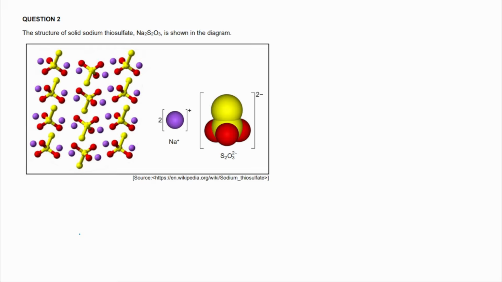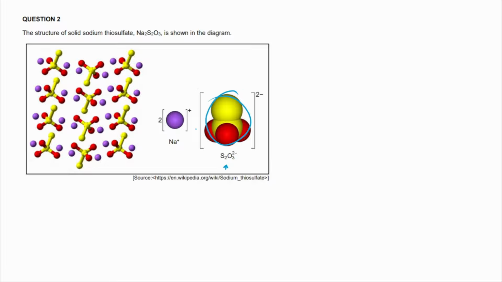Here in question 2, they say the structure of solid sodium sulfite is shown in the diagram. So we have to have a look at what's going on here. It's a very interesting molecule. We actually have in here covalent bonds, right? Because they're both non-metals.